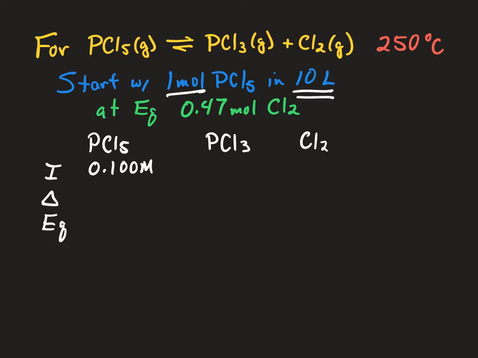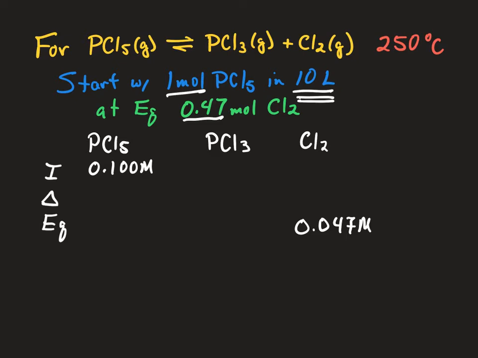And so here we have 0.47 moles of chlorine in our 10 liters. At equilibrium, that means we have 0.047 molar chlorine.